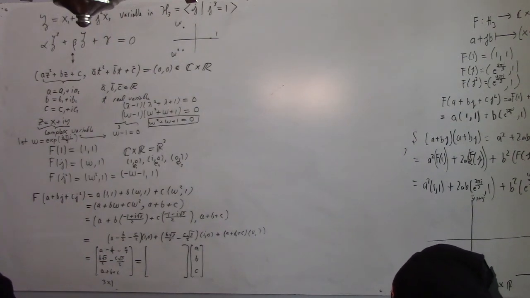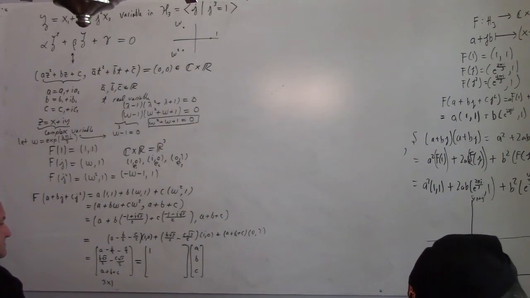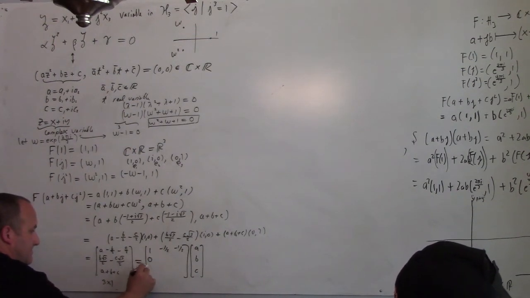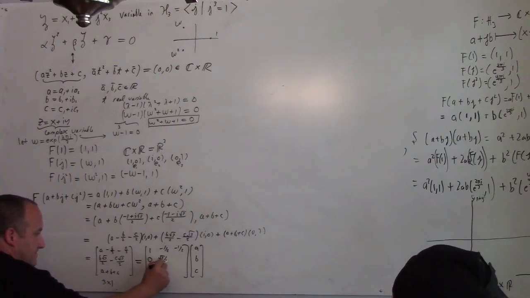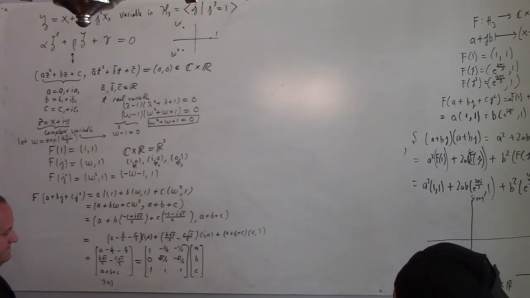We're doing a 3 by 3: 1, minus 1 half, minus 1 half; 0, root 3 over 2, minus root 3 over 2; 1, 1, 1; and then by the column a, b, c.